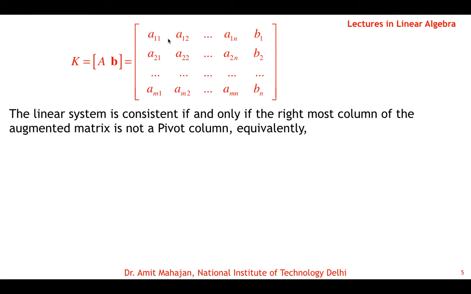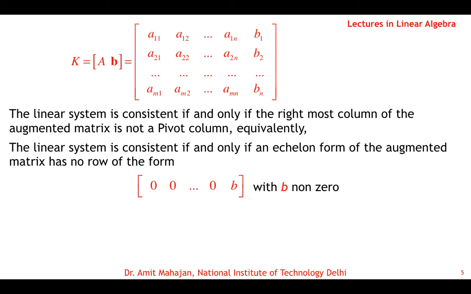If we reduce it to equivalent form, we will know which of the columns are pivot columns. When you apply row operations and find the leading elements and make all other elements below the leading elements zero, then the pivot positions and pivot columns will be formed, and the system will be consistent if this last column of the matrix is not a pivot column.